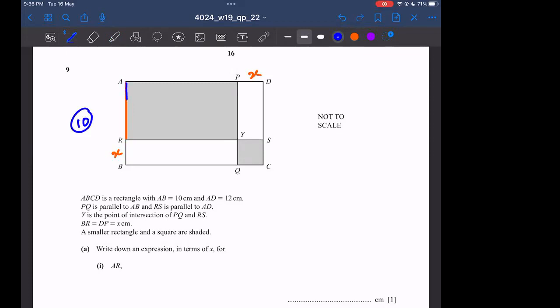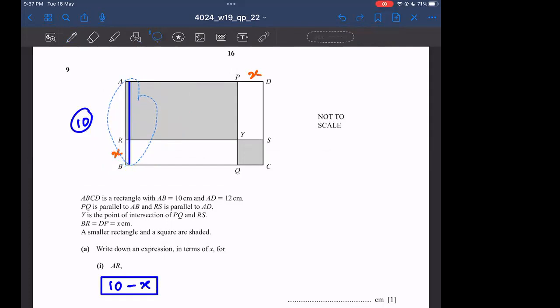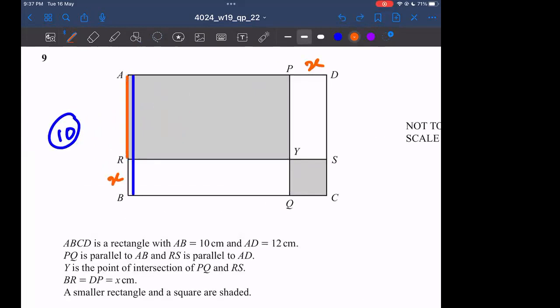So this whole is 10 centimeter, and we need to calculate just this value, AR. So AR is going to be 10 minus X.